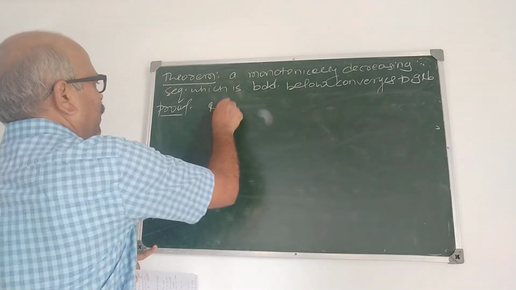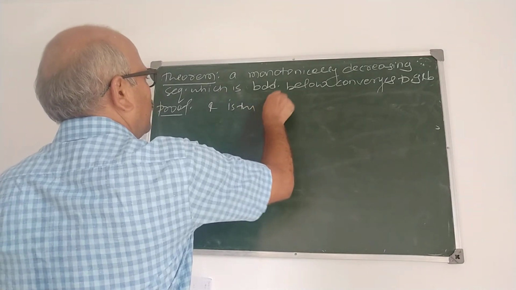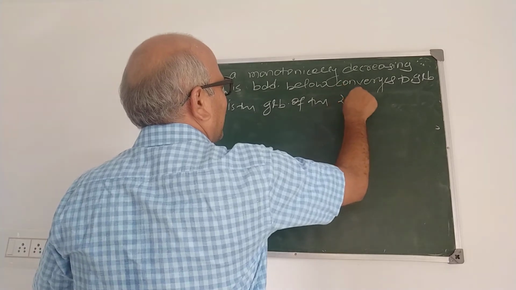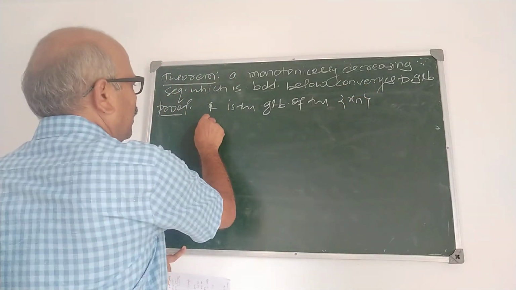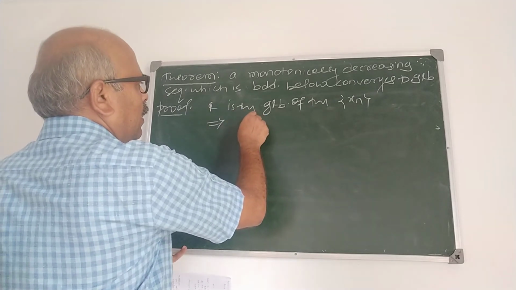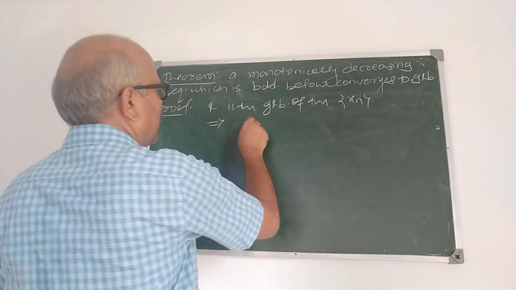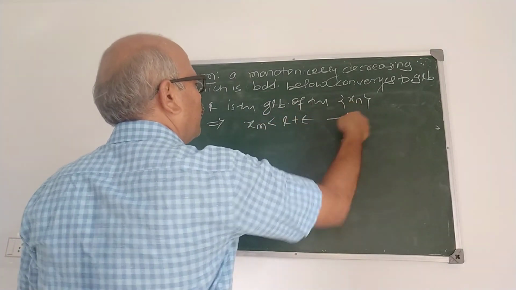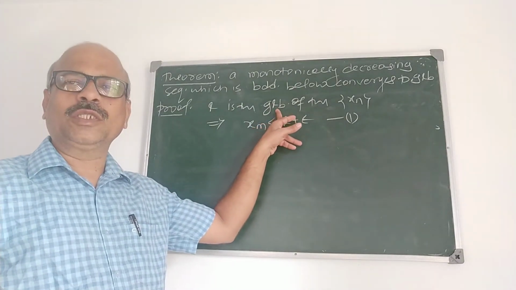We take L as the greatest lower bound of the sequence xn which is monotonically decreasing. Then there exists m such that xm is less than L plus epsilon. L is the greatest of all the lower bounds.